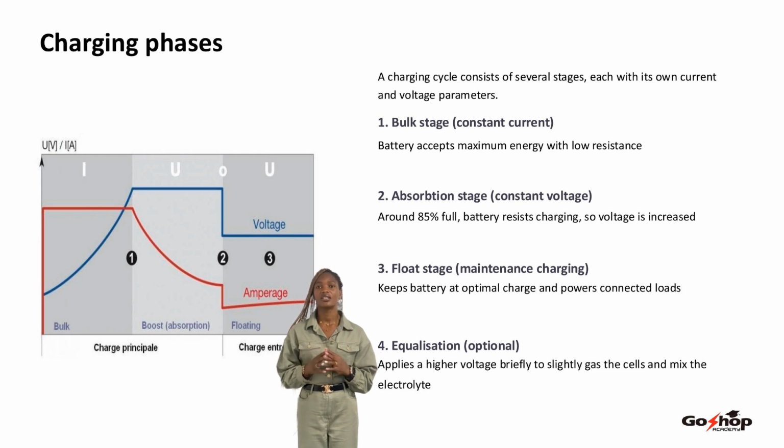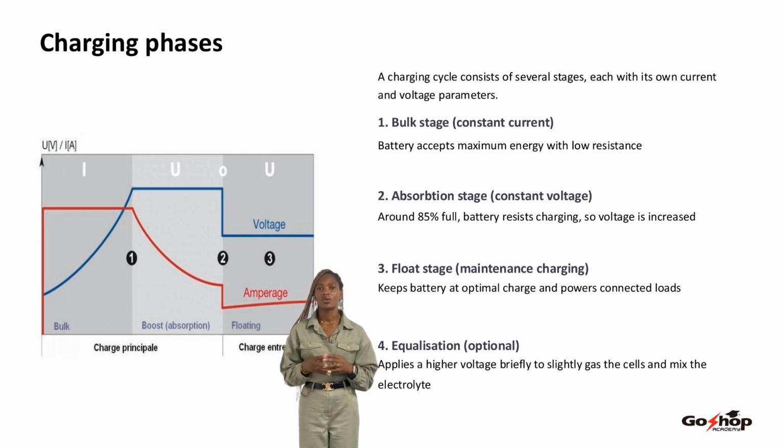Charging a battery isn't just about plugging it in, it involves several steps to extend its life. Bulk phase, constant current charging. First phase, the battery receives a high current to recover energy quickly. Absorption phase, constant voltage charging. Around 85% full, the charger maintains a fixed voltage.